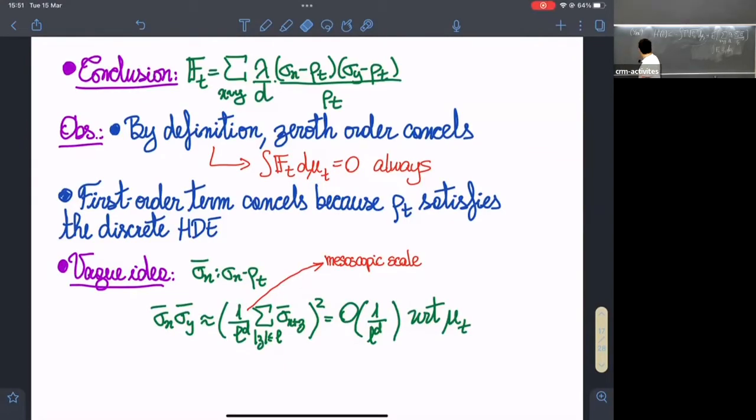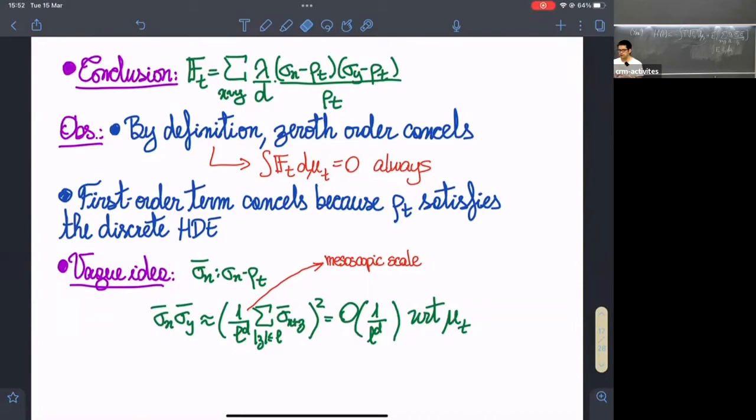So at some point I have to prove something. I have to prove this part here, and there, what we really use is basically the behavior of the Green function on the lattice. At some point, that's going to play a role.